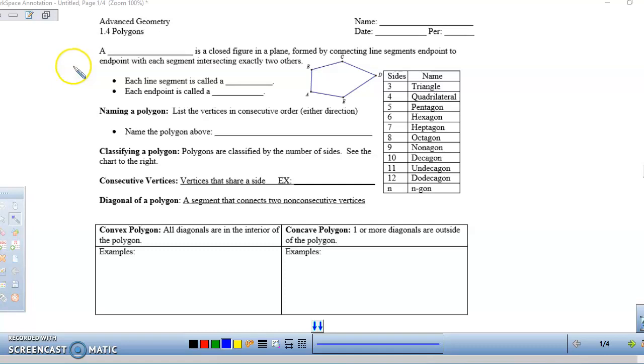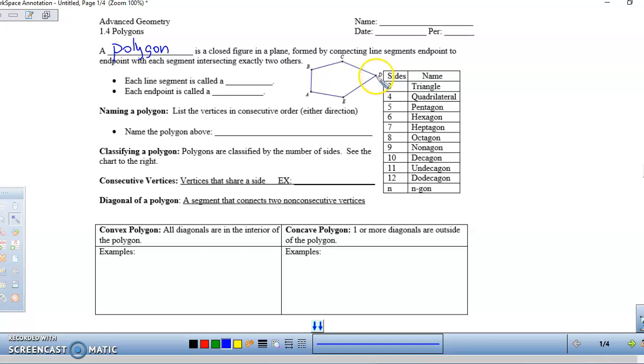So in section 1.4, first is our definition. A polygon is a closed figure in a plane formed by connecting segments. You can see that here, connecting segments endpoint to endpoint, with each segment intersecting exactly two other segments.